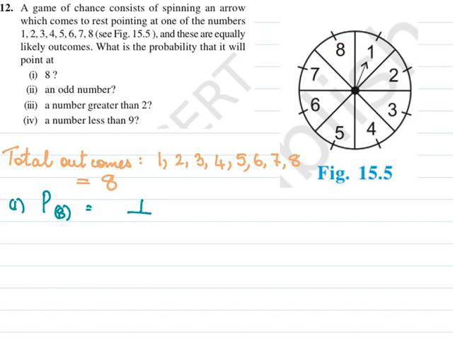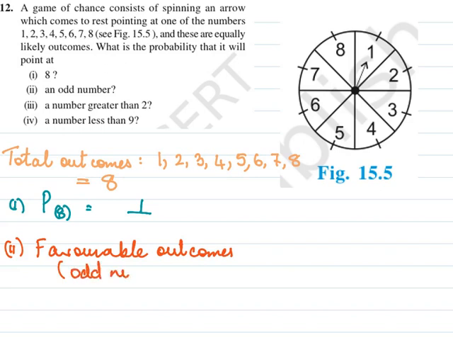The next is, what is the probability of an odd number? So second, let's see favorable outcomes. And the favorable outcomes in this case are odd numbers. So which are the odd numbers? 1, 3, 5, 7.